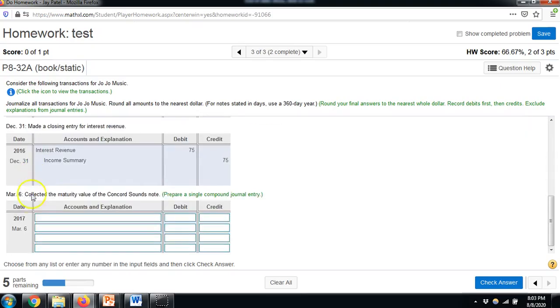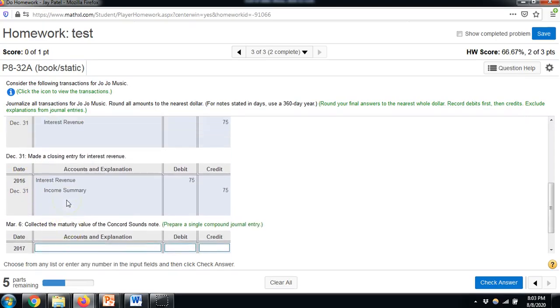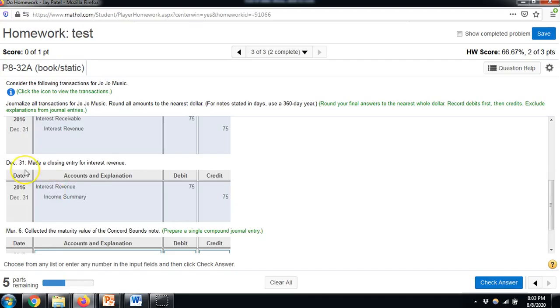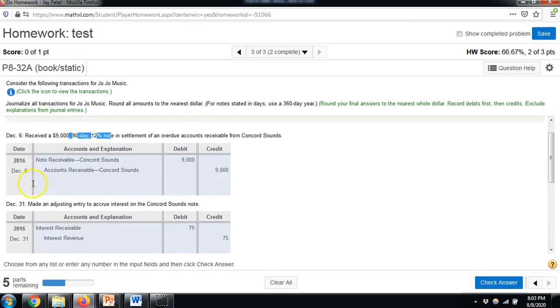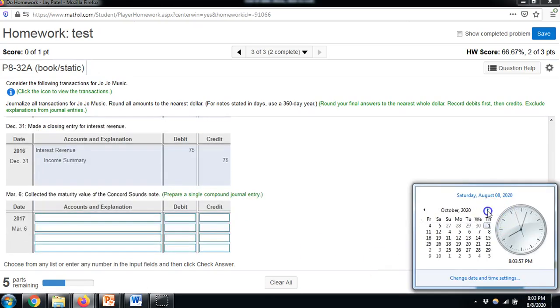Is March 6th exactly 90 days after December 6th? Let's think about it. In our previous entry, we determined that from December 6th through December 31st is 25 days. Let's do the math from then on. January has 31 days, plus February has 28.